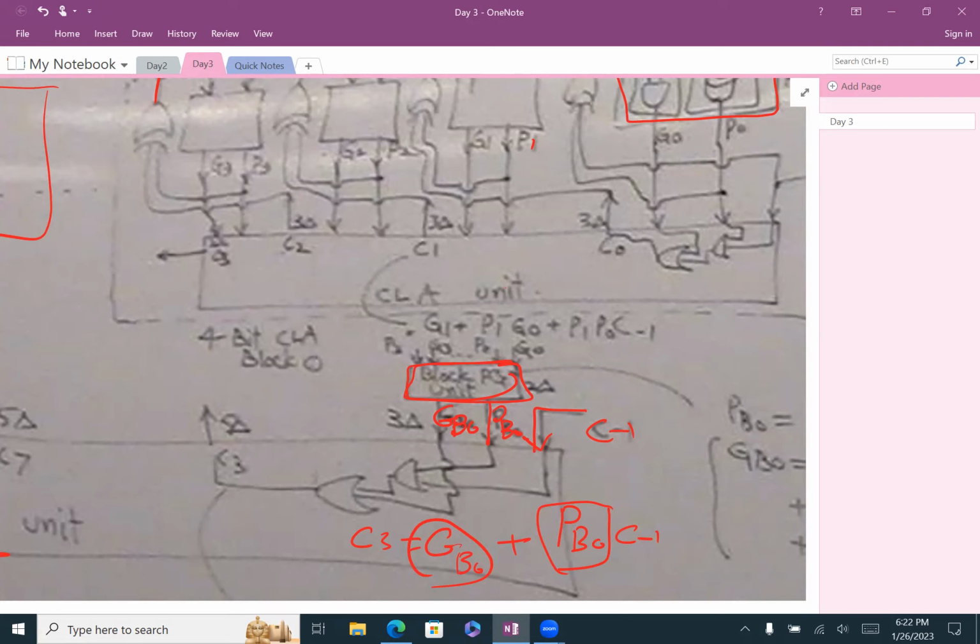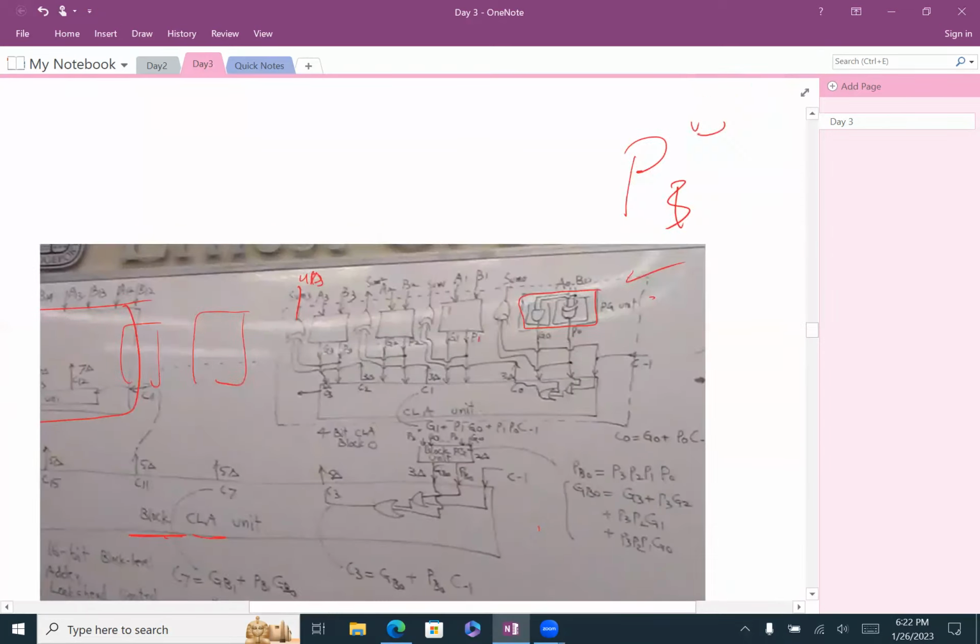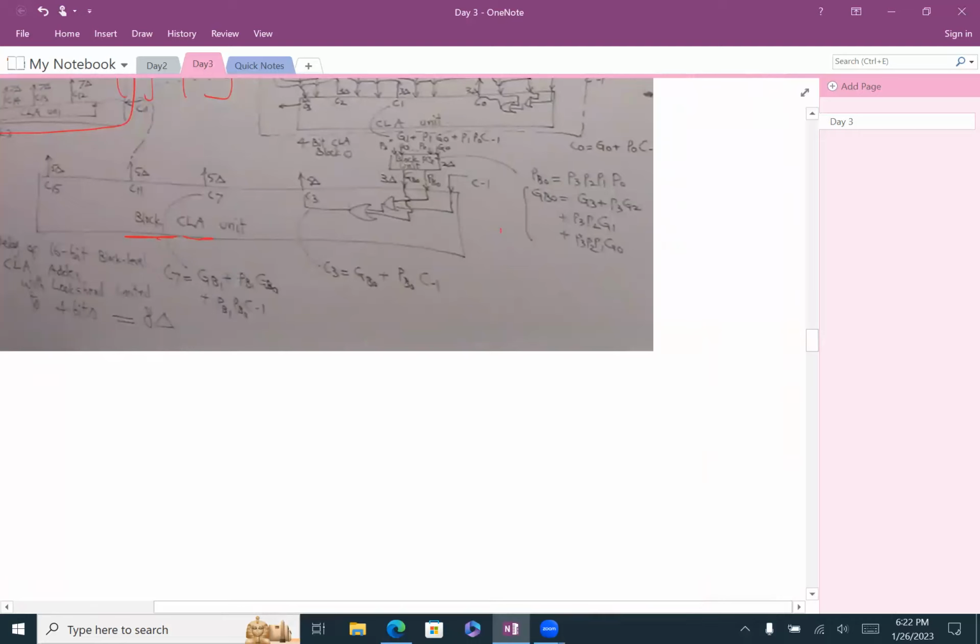So can you tell me what's the difference? Don't look at the input names. Can you tell me what is the difference between this circuit and this circuit? It's the same circuit. The only difference is the connection, where your connection is coming from.